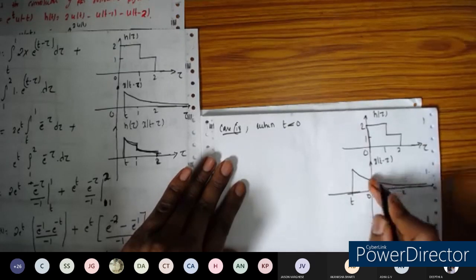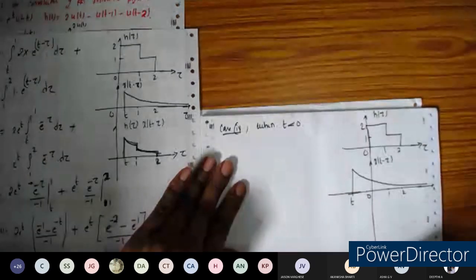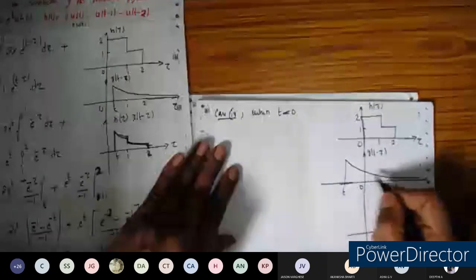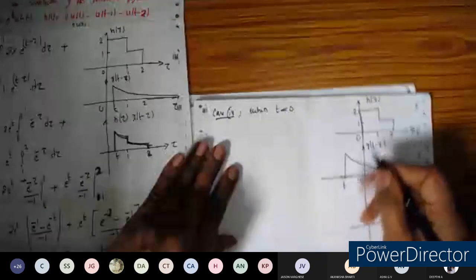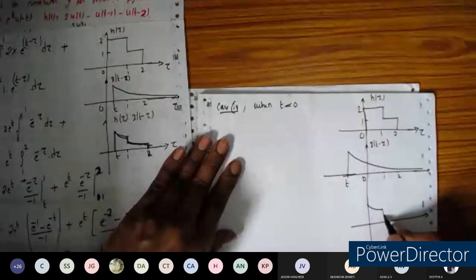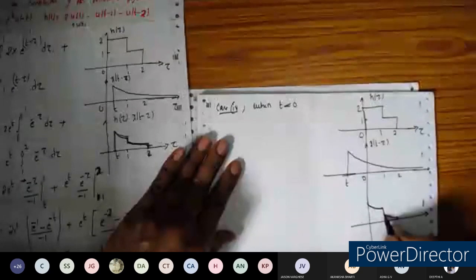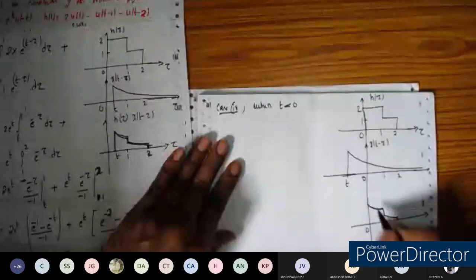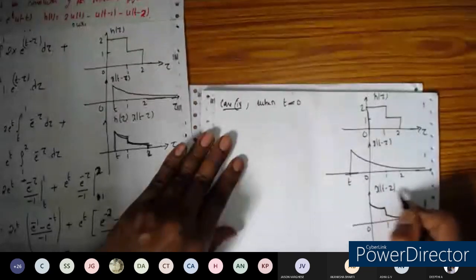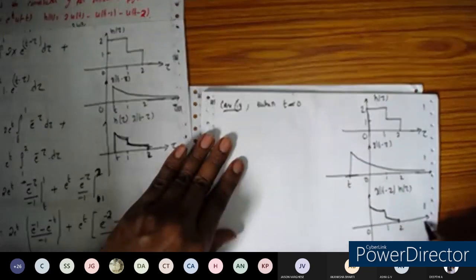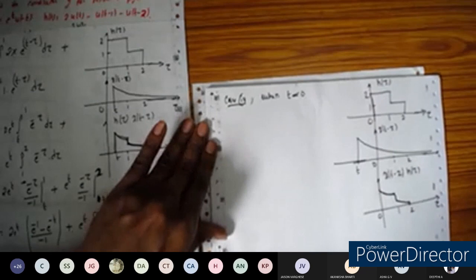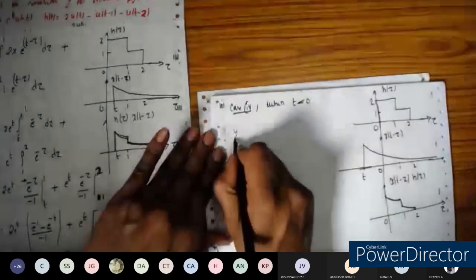Okay. So here this one will be having two different staircases. So if you multiply with 2, it will be somewhere like this and somewhere like this. So similar to the previous one. So the steps will be like this. So this is 0, 1, 2. So this is a product of x of t minus tau into h of tau. So right, we need to split the integral into two parts.